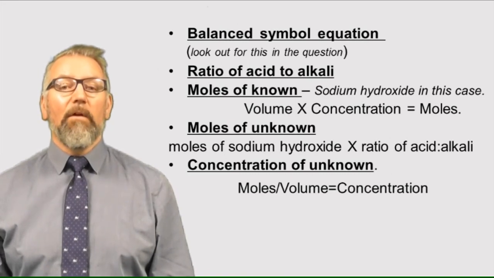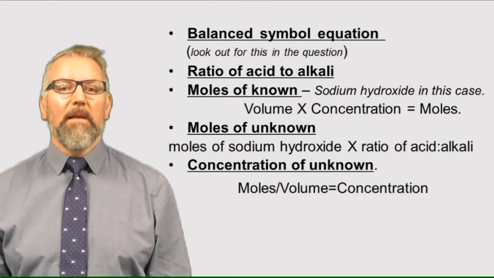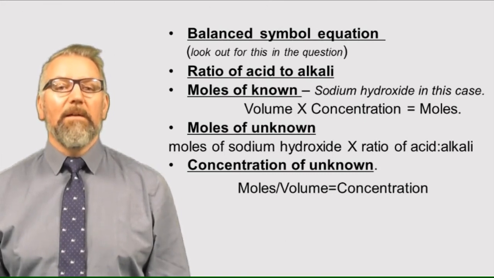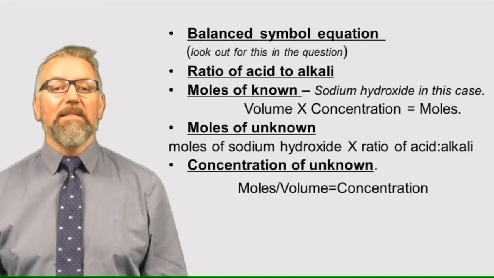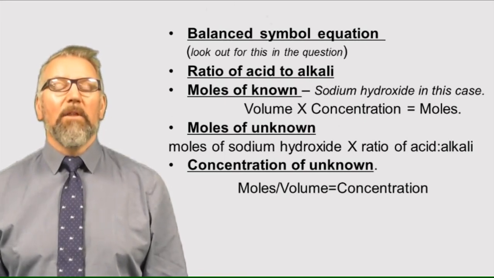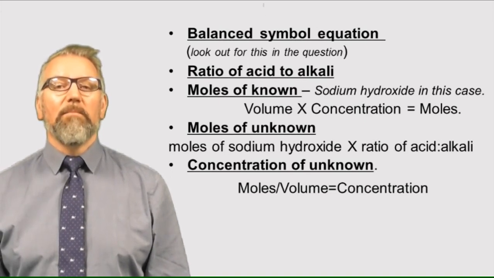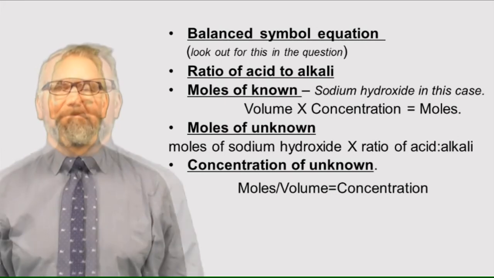In this case, the volume multiplied by the concentration is equal to moles. Number 4, moles of unknown. This is going to be the moles of the sodium hydroxide multiplied by the ratio of acid to alkali. And 5, the concentration of the unknown. We need our moles divided by volume is equal to concentration.